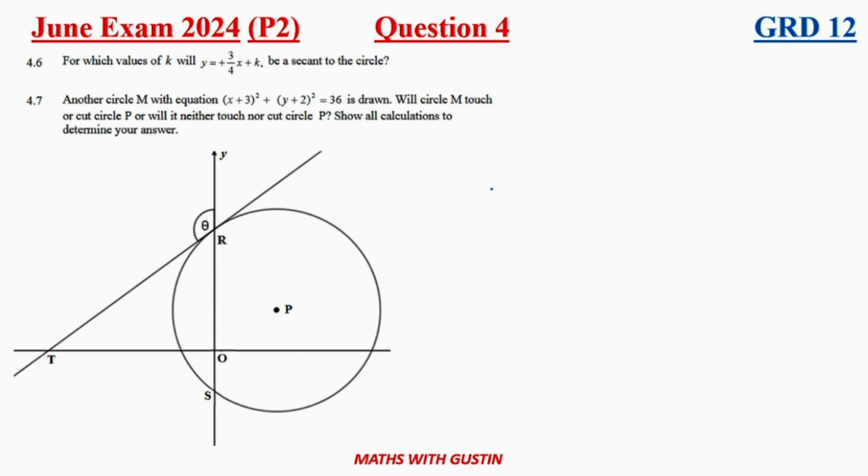4.6 says, for which values of k will y be a tangent. All right, so in this case, guys, what they are basically asking you is the point of contact between the two tangents, even though they didn't say it directly here, but that's what they are looking for in this case.